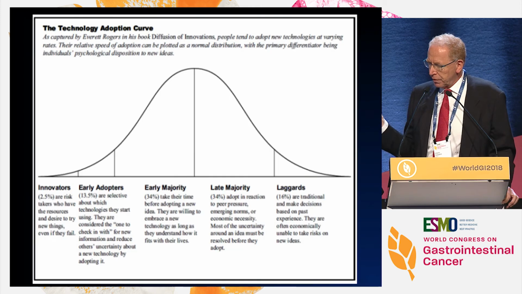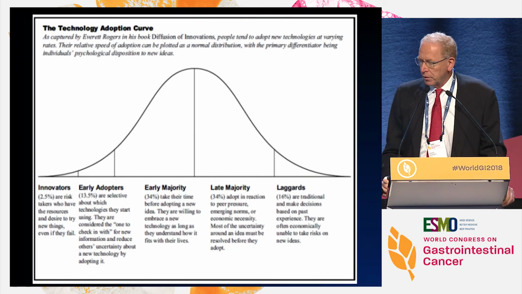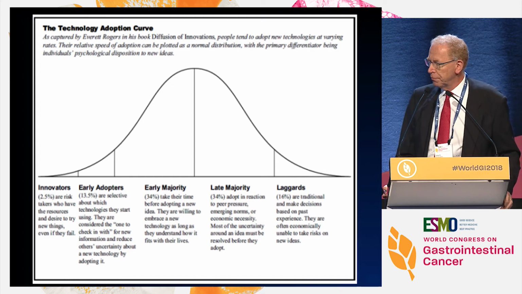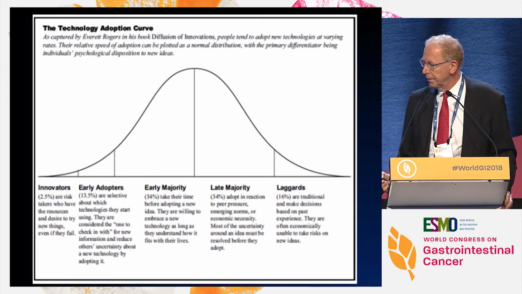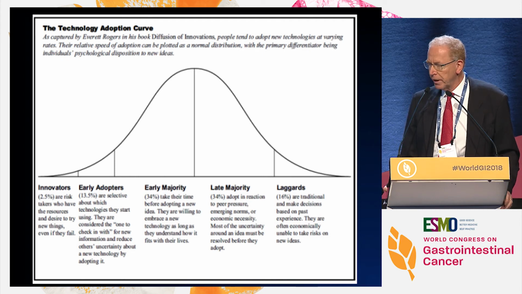Essentially, this is demonstrated by this curve that is taken from a book called Diffusion of Innovations. So how people react to new things, how people react to new data. And essentially, people tend to adopt new technologies or new data at varying rates.